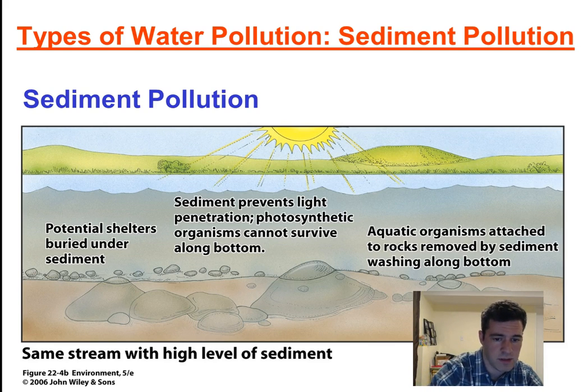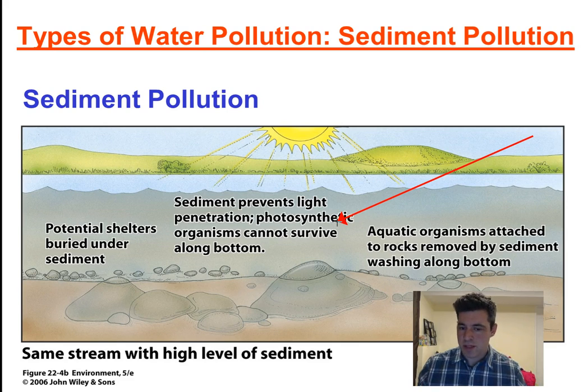First things first, you're not going to have as much sunlight being able to penetrate, right? So here's a situation where the sunlight is no longer penetrating to the bottom. So then you can't have photosynthesis happening at the bottom. Not good. No photosynthesis. You're not having as much oxygen being added to the water.